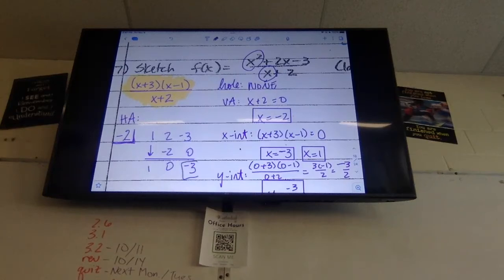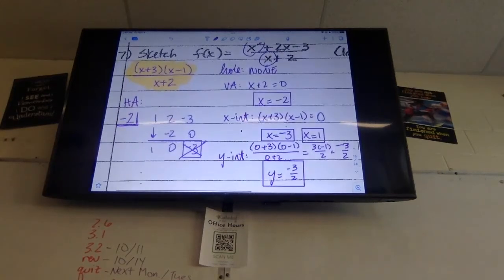Once you divide, you get that remainder, and remember, we don't worry about the remainder. We can ignore it.